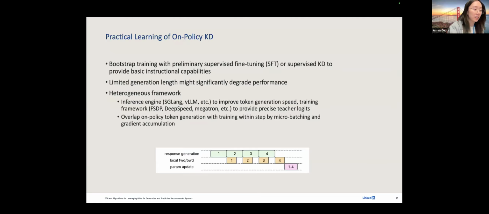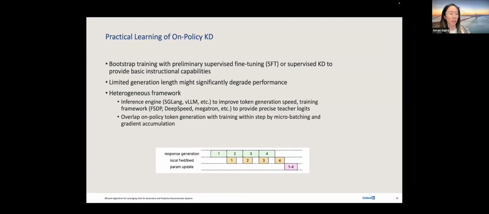On the implementation side, it is very helpful to take a heterogeneous framework approach, where you use an inference engine such as SGLang, vLLM, or TensorRT-LLM to host a copy of the student model for faster autoregressive response generation. After each training step, or say after each model parameter update, you synchronize the updated model parameters from the training instance back into the inference instance.